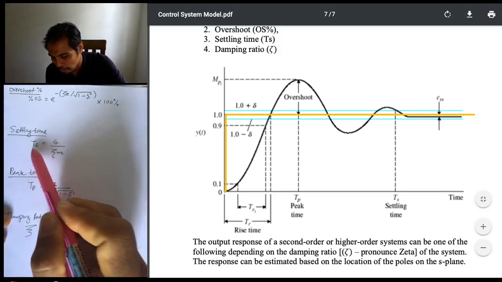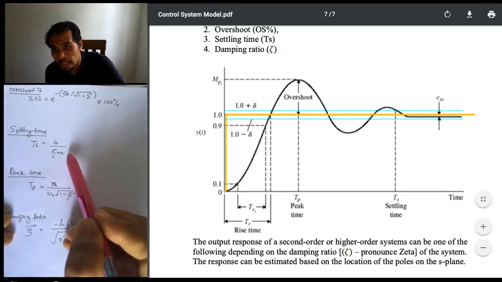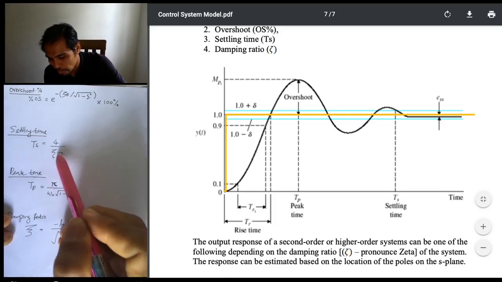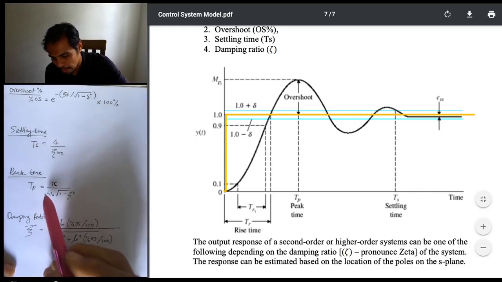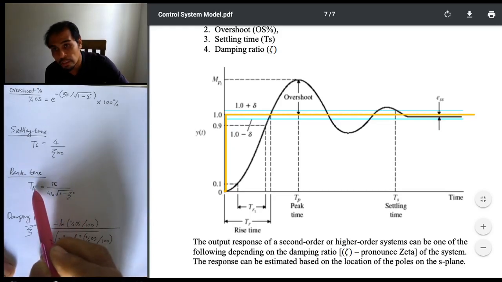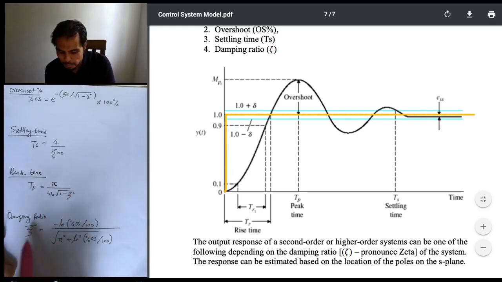Same thing for the settling time. We know the natural frequency omega n and we know zeta, then we can find Ts. For Tp, we use pi, omega n and zeta, and we can find Tp. The last one is zeta.